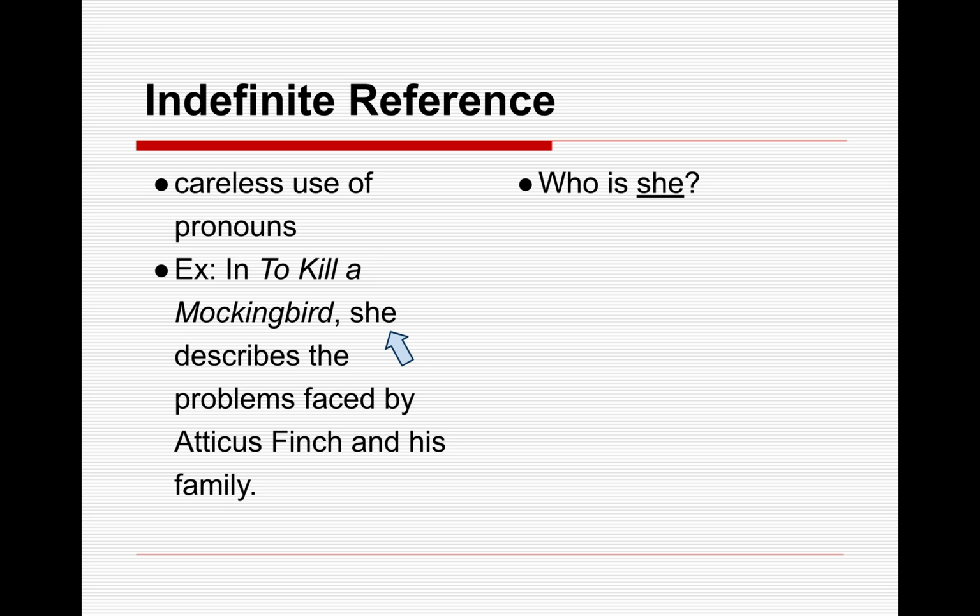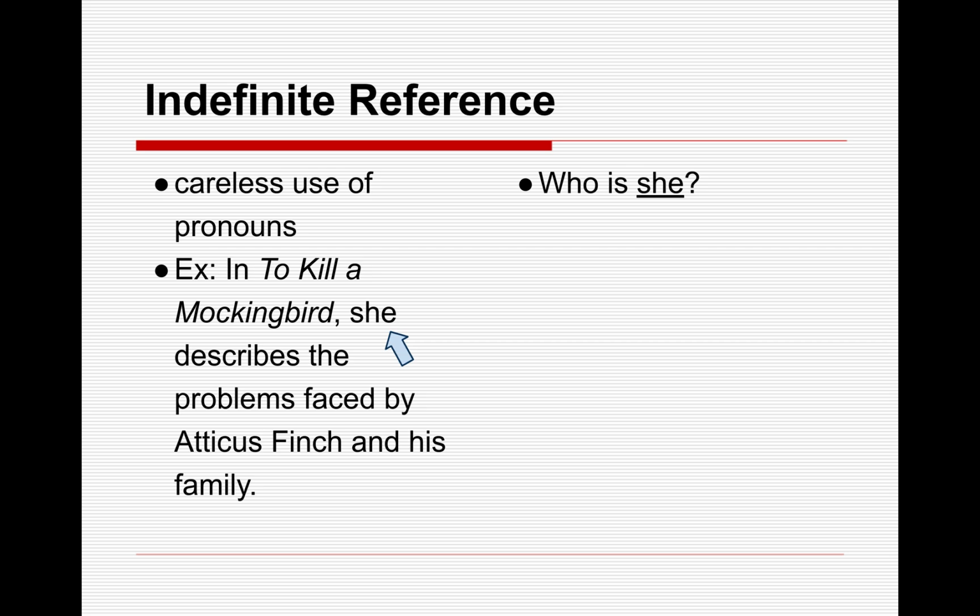The problem is we don't know, because the rule of thumb is, and everybody pay attention to this, anytime you use a pronoun, it has to be after a noun that you're referring to. Once again, just like with the word his, we can go back to Atticus Finch and we know that's who it's referring to.